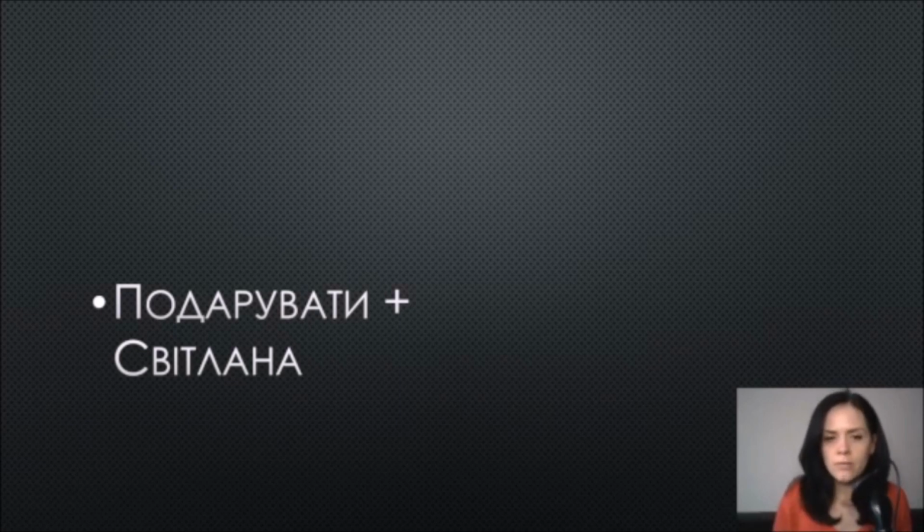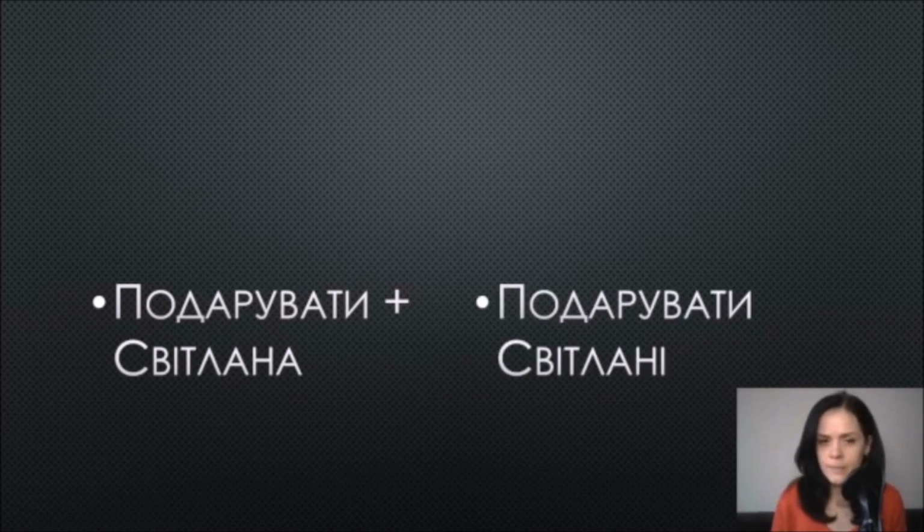To say to present to Світлана, we will say подарувати Світлані. Світлана in nominative became Світлані in dative. Again, if you aren't sure about how Світлана became Світлані, watch my video on the grammar, on the endings, about the rules you have to apply to a noun in nominative case to make it dative.